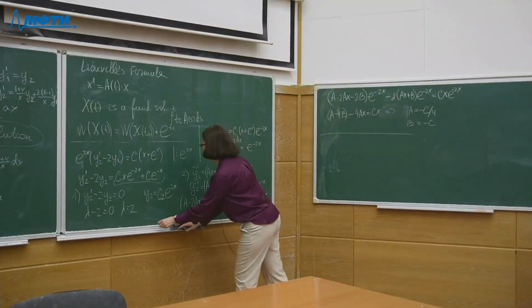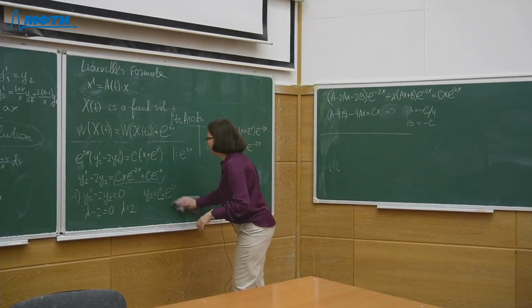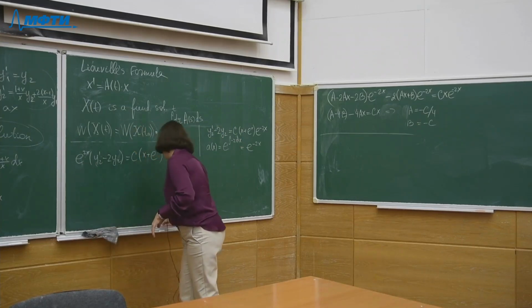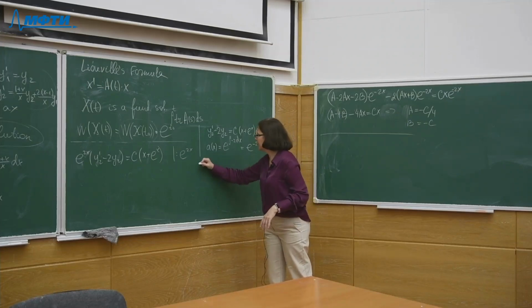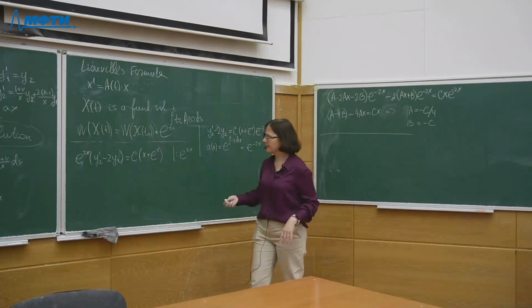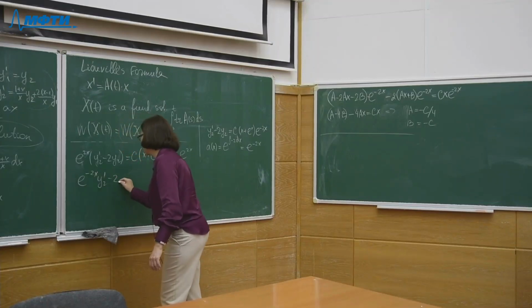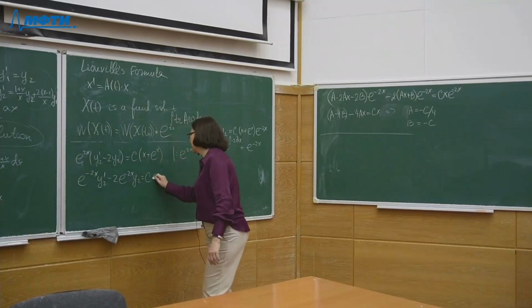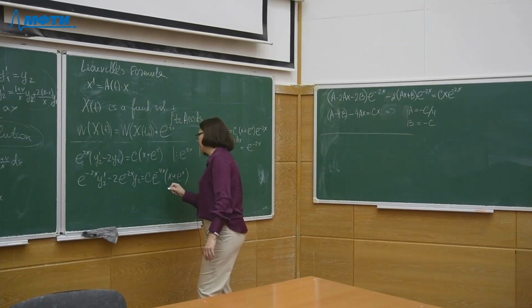I will try to use the integrating factor. Maybe it would be faster than solving it in this way. So the integrating factor means that if we multiply our equation by this factor, it would be e^(-2x) y2 prime minus 2 e^(-2x) y2 equals c e^(-4x) x plus e^x.